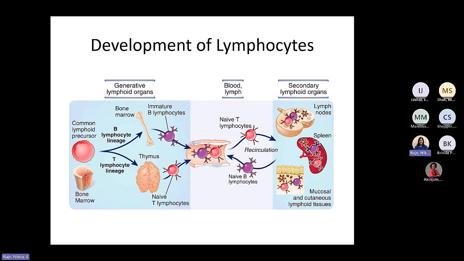B lymphocytes. Again, the various stages of life of a B cell are naive, activated, and memory cells. The naive B cells have IgM and IgD on their surface.